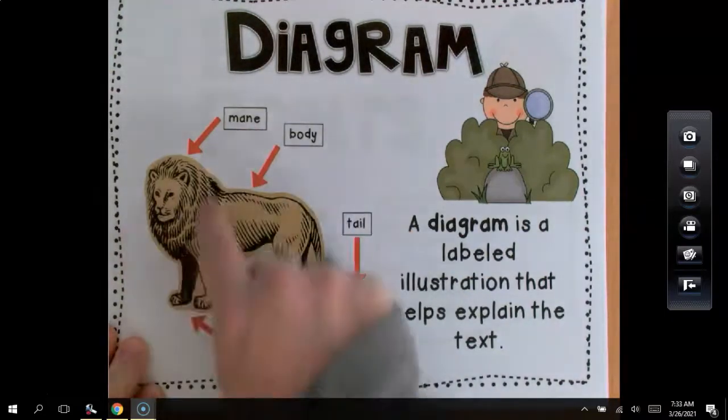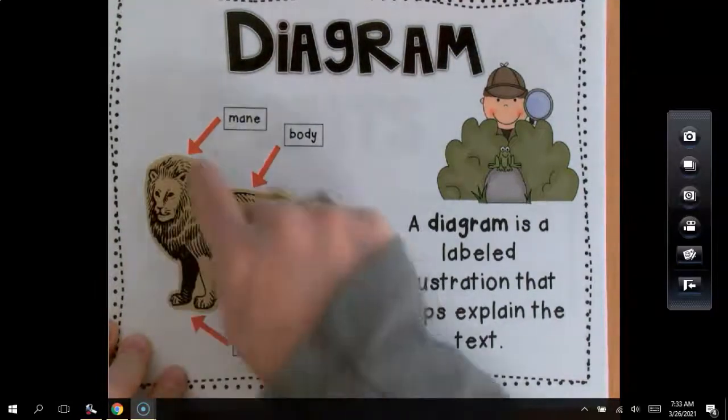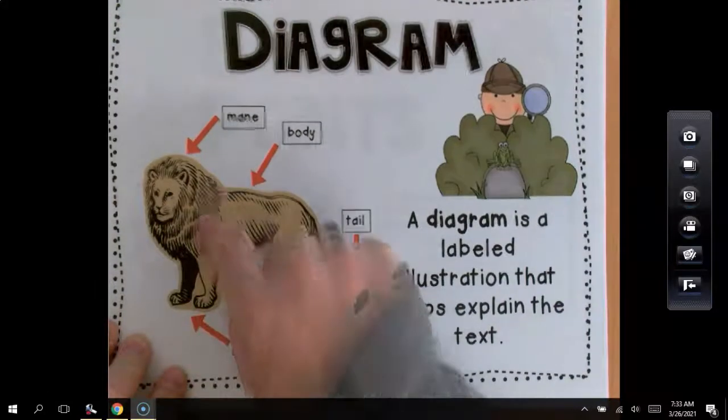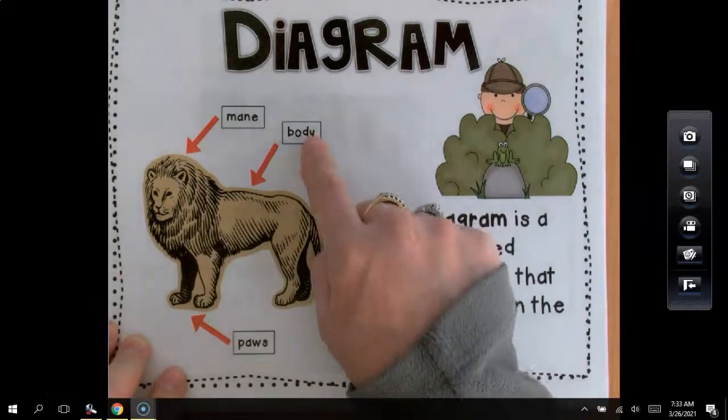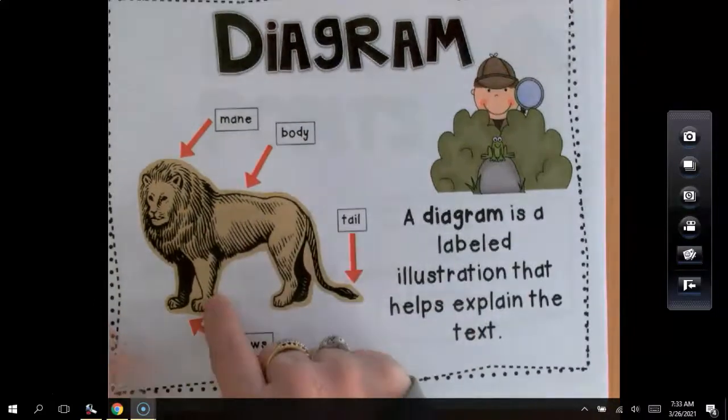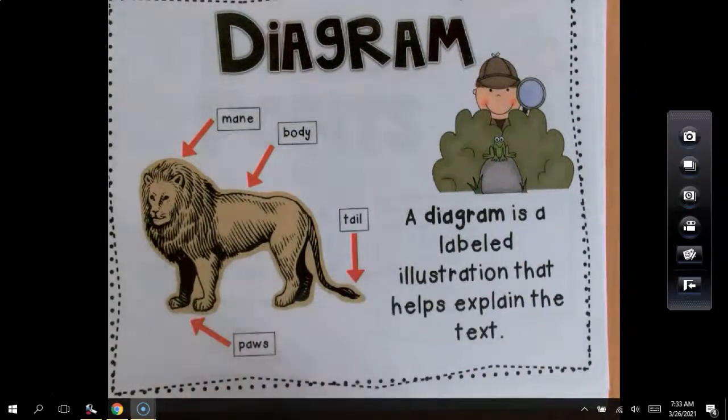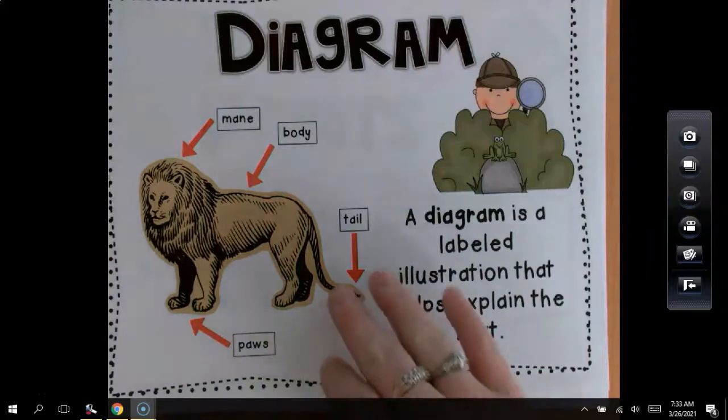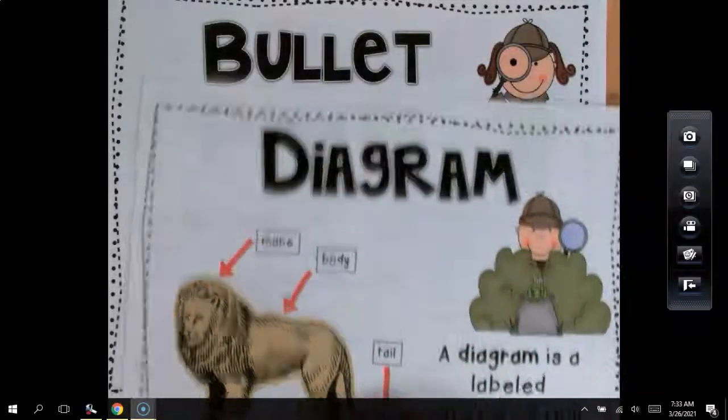So the lion's mane would be the hair around the lion, specifically the male lion. Now I have the body. This would be called a body. I have the paws, and I have the tail. Okay, so that, boys and girls, would be a diagram.